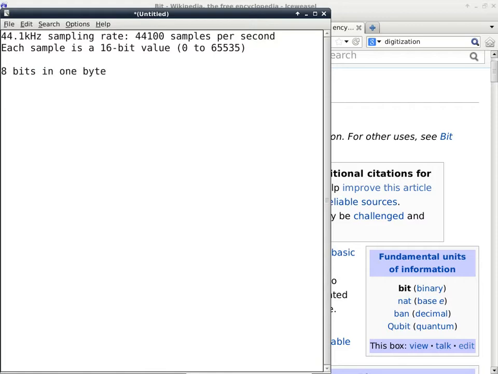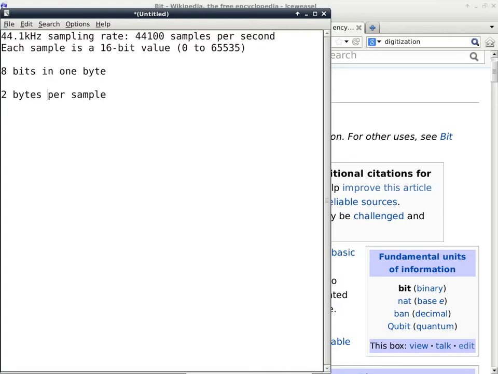So in this case, how many bytes do we need per second? We have this many samples per second, and each sample is 16 bits. So we have 2 bytes per sample, because one sample has 16 bits and there are 8 bits in 1 byte. Are we doing the conversion okay so far?